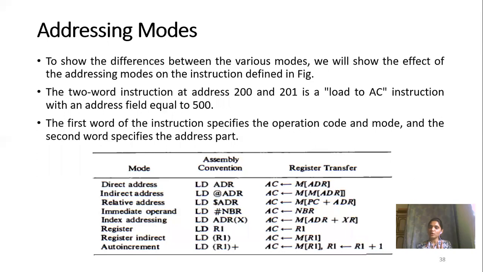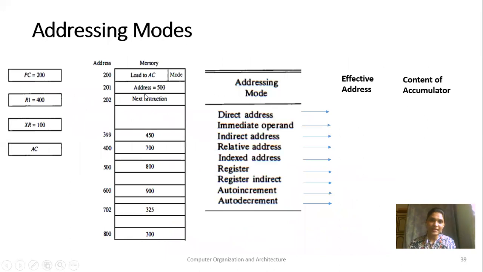That means you will require two fields to store it: one location to store your opcode and mode, and one location to store your operand, that is your address field. Let's say we have stored this instruction like this: load accumulator and mode at location 200, and at location 201 your address field, that is 500.